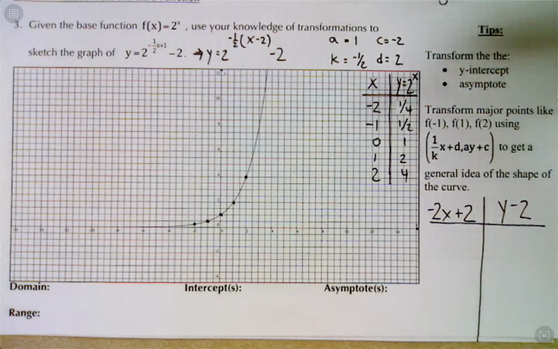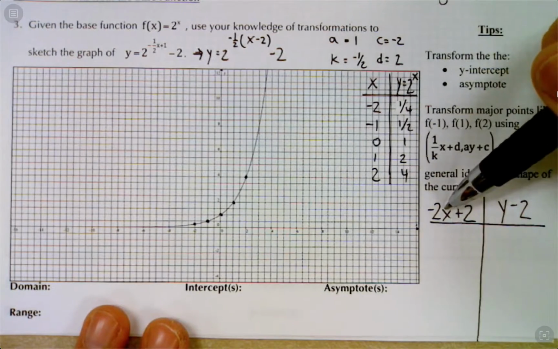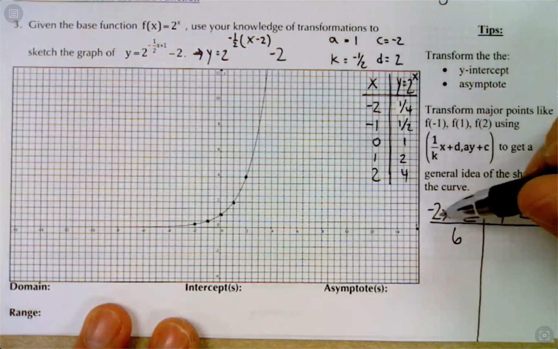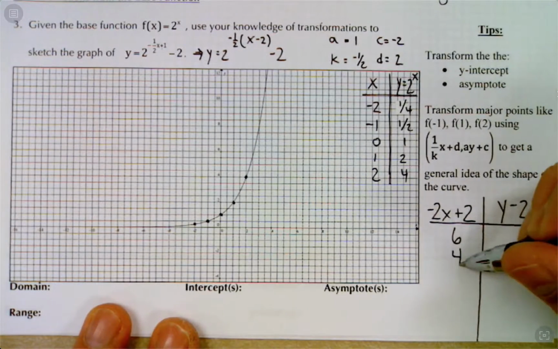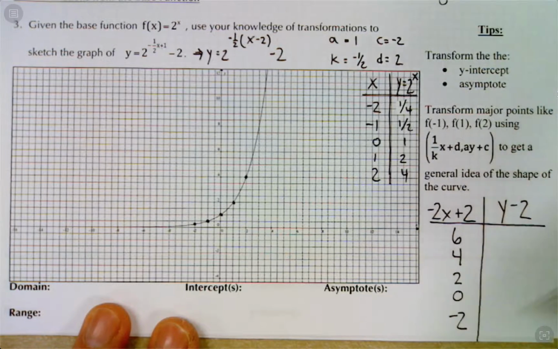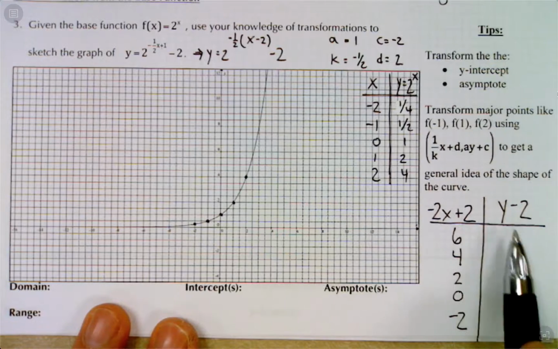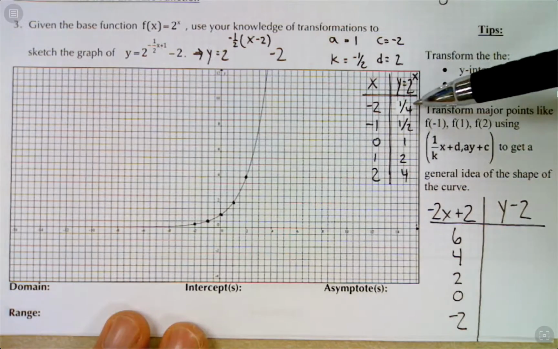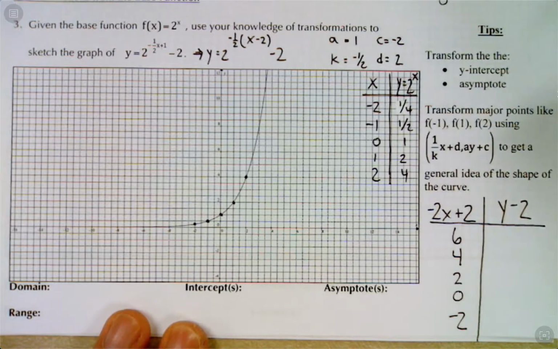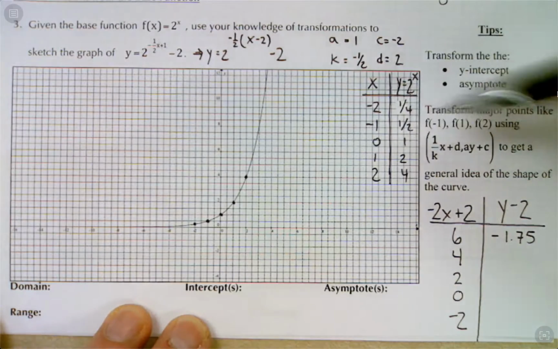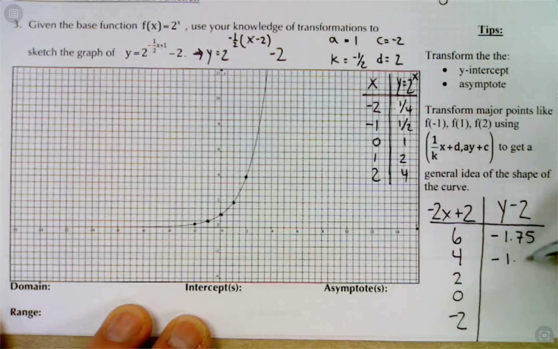All right, now we got to do a little bit of math. -2 times -2 is 4, plus 2 is 6. -1 times -2 is 2, plus 2 is 4. And if I continue, I get 2, 0, and -2. Y minus 2, so 1/4 minus 2 would be, I'm going to use a decimal, -1.75. 1/2 minus 2 would be -1.5.